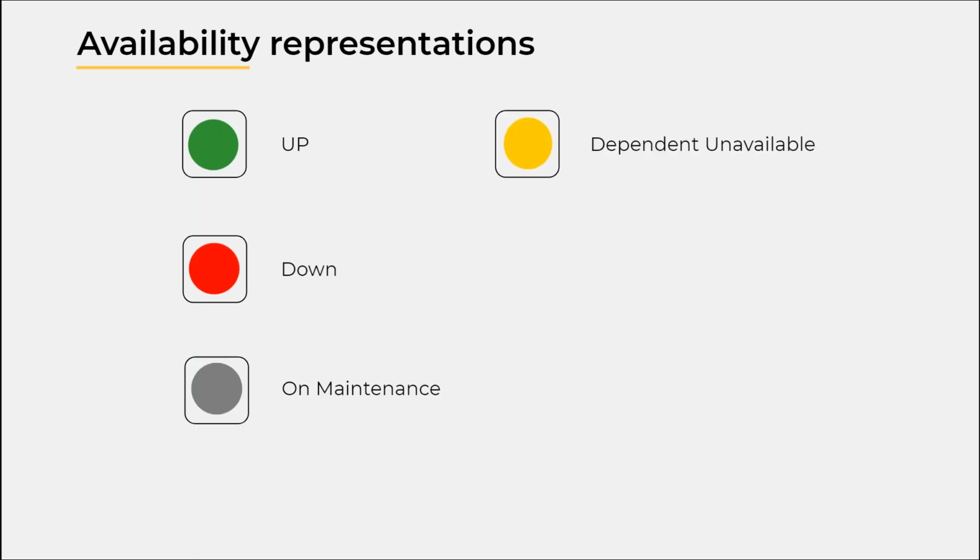The next one would be availability representations. You might have seen that there are a very large number of colors in OpManager, and you'll be wondering what the various colors represent. So these are all the colors available on OpManager, wherein green represents that the device is up, red obviously the device is down, and gray in case you have configured a device on maintenance.